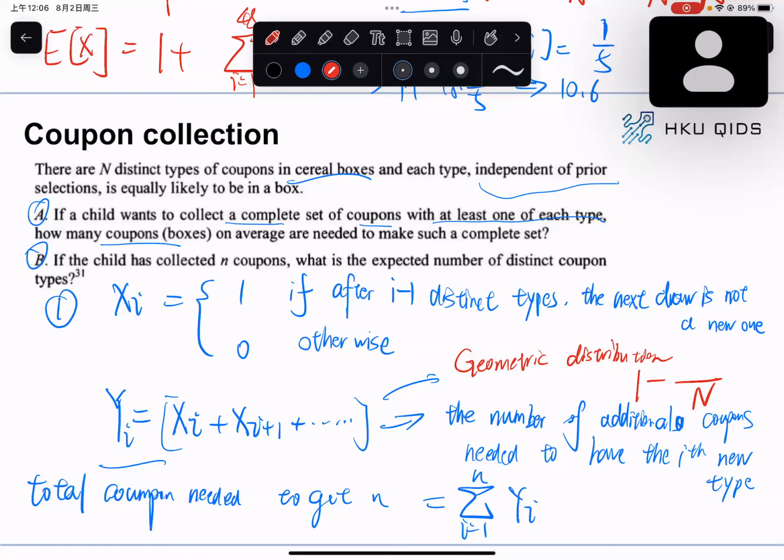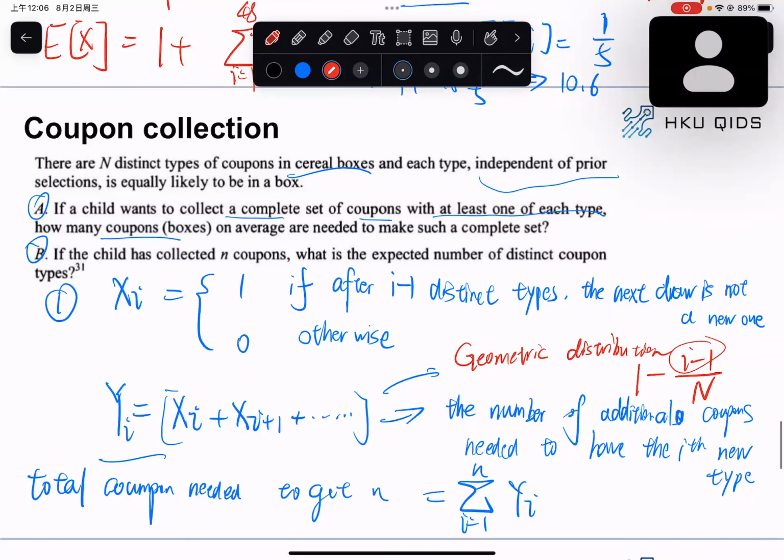For the first draw, it must be a new type. But then later, it is going to be 1 minus what? I minus 1 over n, right? Because there are already i minus 1 types shown within the total n types. So the probability of having one new type is just 1 minus (i minus 1) over n.